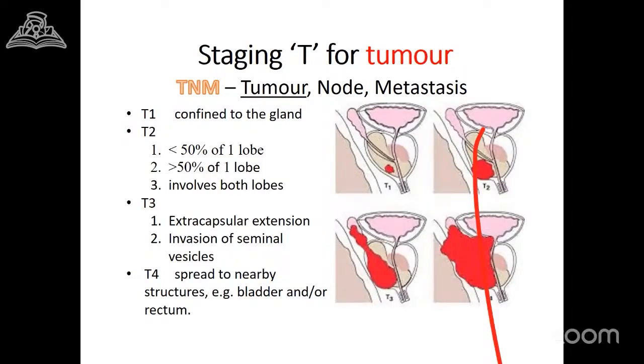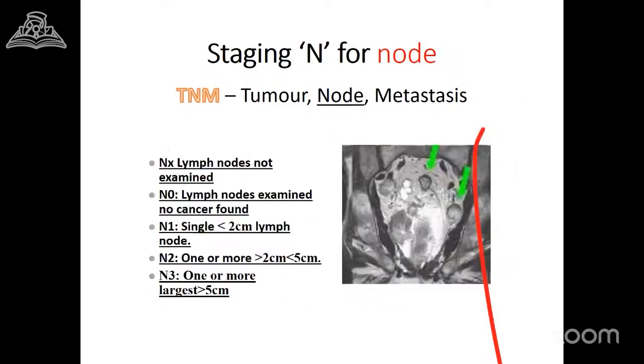T3 indicates locally advanced disease with extracapsular extension or invasion of the seminal vesicles. And T4 represents more advanced spread into nearby structures such as bladder or rectum, where MRI is particularly valuable in identifying these features accurately.